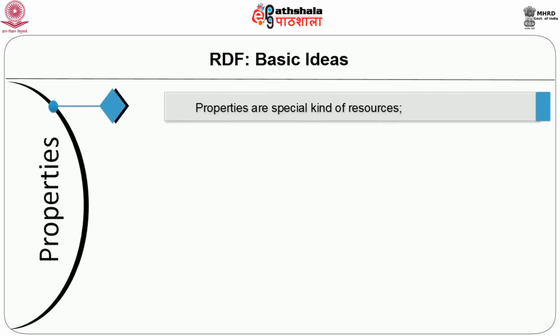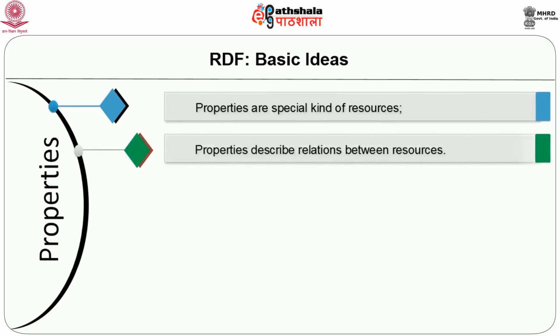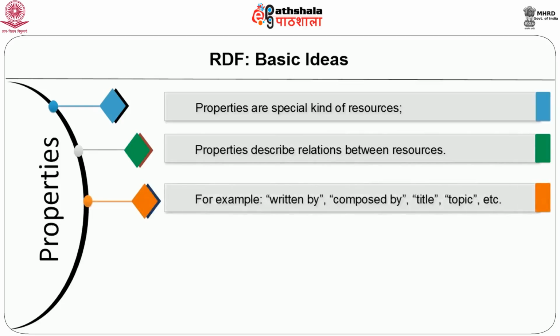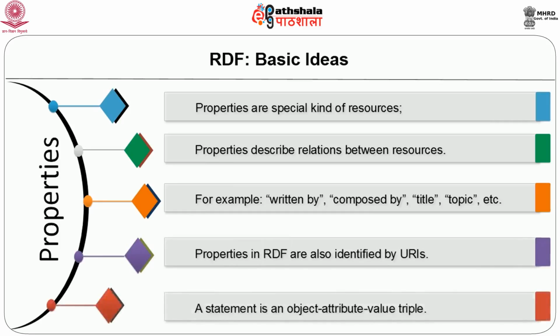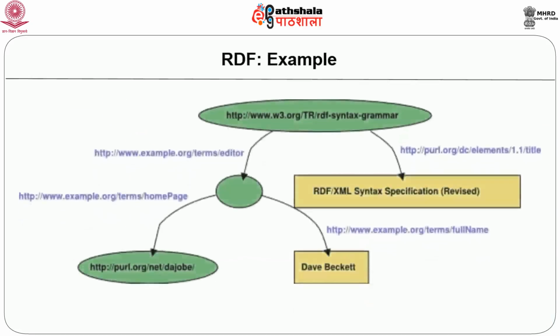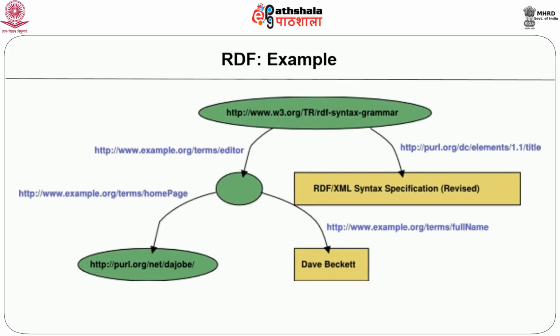From the example you had seen, properties are a special kind of resource, relations, and they could be like written by, composed by, etc. Title properties are all examples of properties. And a statement can be like object attribute value, in simple words, this man published this, and that is how an RDF example is defined.